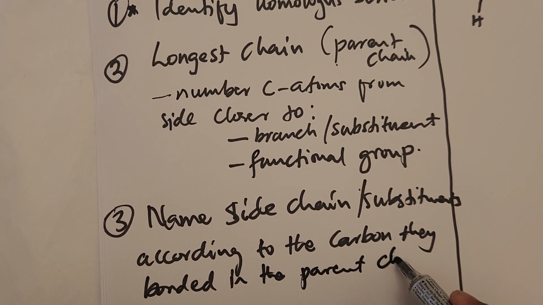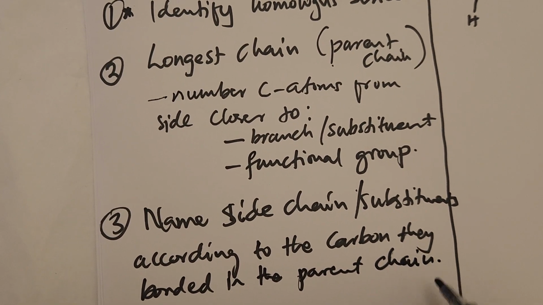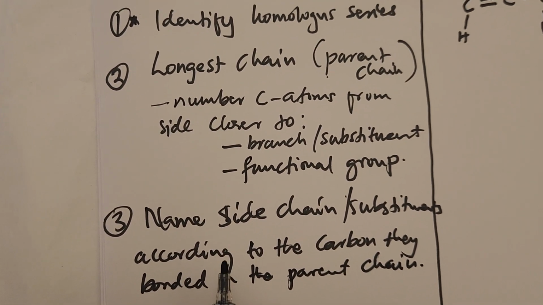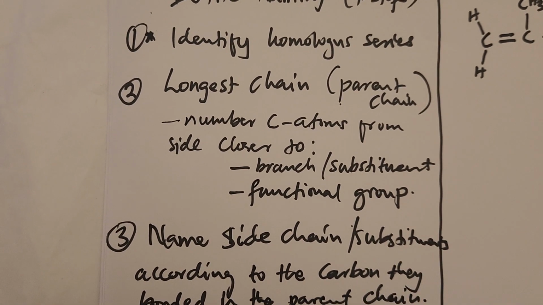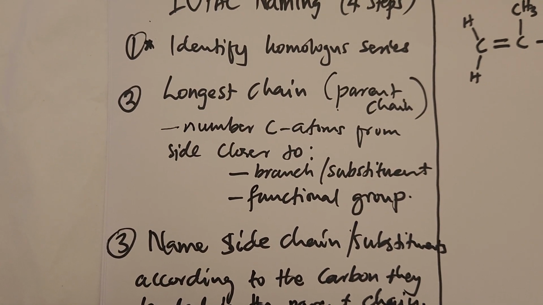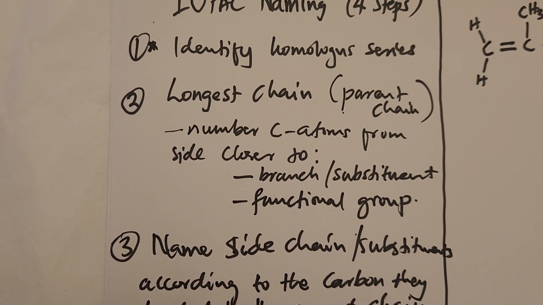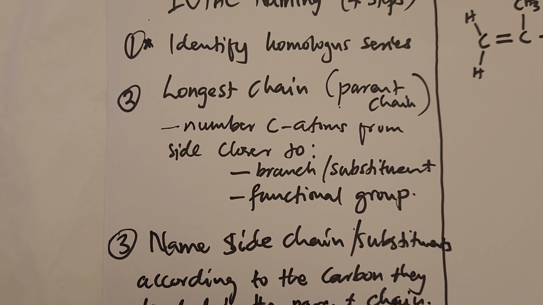That's why we will find 2-methyl. If the methyl is at carbon number 2, we call it 2-methyl. If the bromine is at carbon number 3, we call it 3-bromo. So we name that side chain.